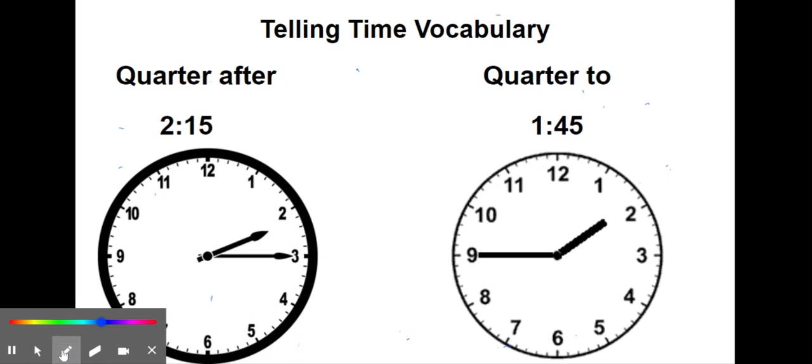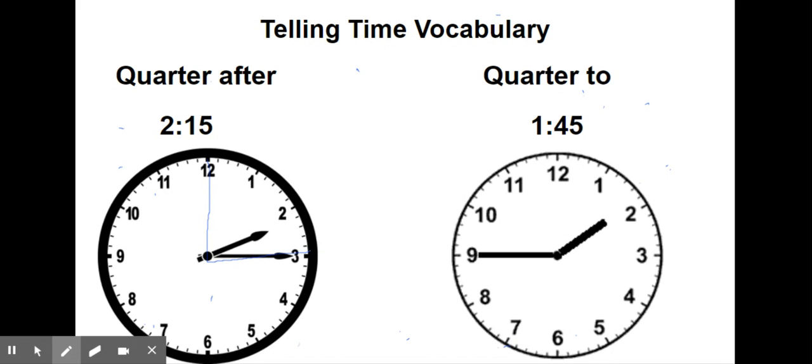When we talk about a quarter in telling time, there can be a quarter after or a quarter to or a quarter till. This first clock over here says a quarter after. The time is 2:15. 15 minutes have passed, and as you can see, just like before, the minute hand has made its way a quarter of a way around the clock. 15 minutes have passed.